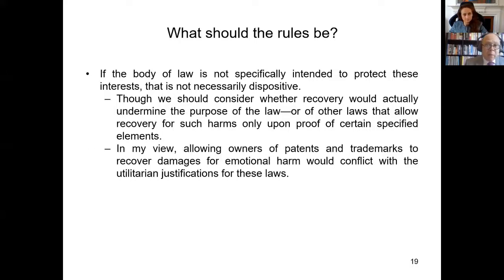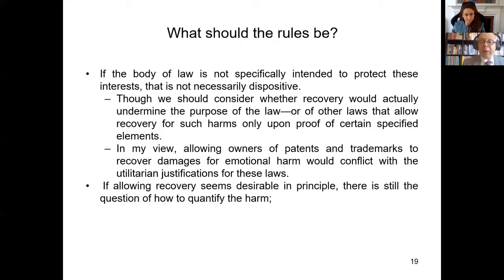I argue, however, that allowing owners of patents and trademarks to recover damages for emotional harm actually would conflict with what I view as the more utilitarian justifications for those two bodies of law in particular, that inventors and trademark owners are more of a means to an end, a social end of promoting innovation and the integrity of the marketplace. We shouldn't be as concerned about the individual owner's emotional harm, harsh as that may sound.